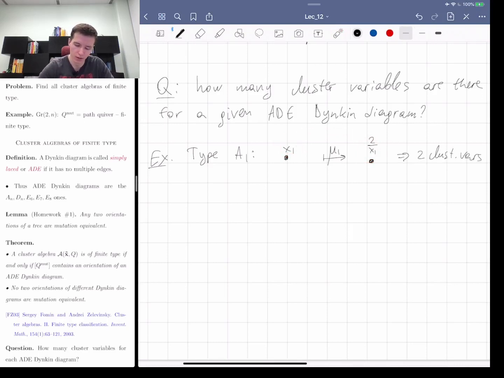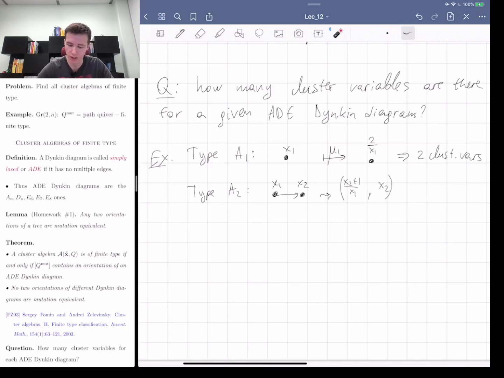And in type A2, you have this quiver labeled x1 and x2, and then you mutate 1, 2, 1, 2, 1, 2, and so what do you get? x2 plus 1 over x1. I'm just going to write down the seeds because the quiver doesn't really change.